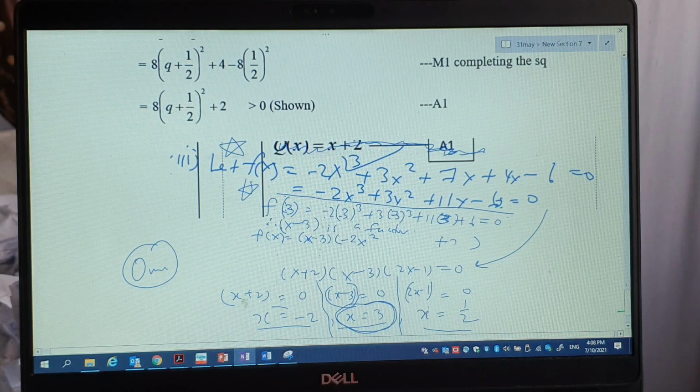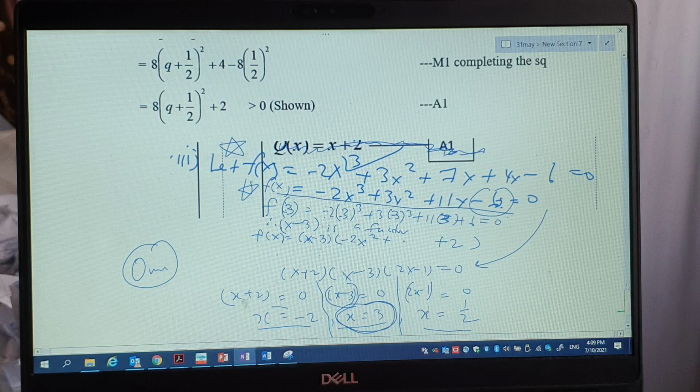It must be plus 2. See, minus 3 times 2 will give you minus 6, right? And x times minus 2x squared will give you minus 2x cubed. So you settle the first and the last of the f(x), and that will give you these two.